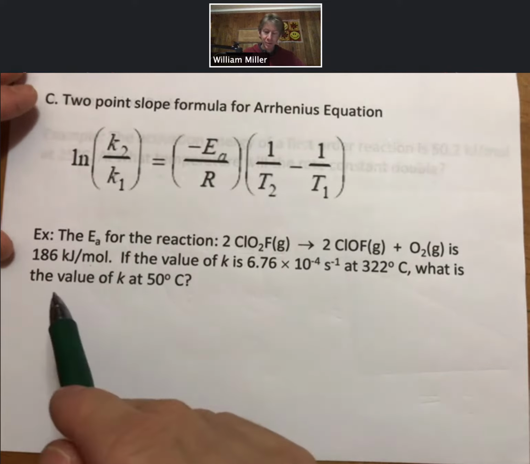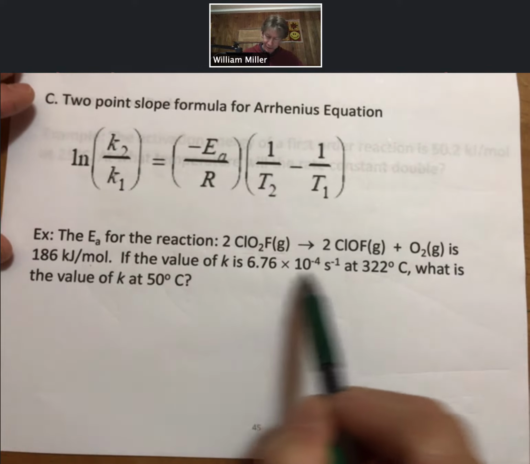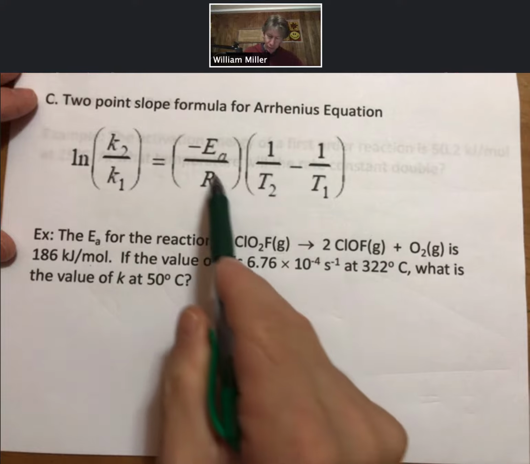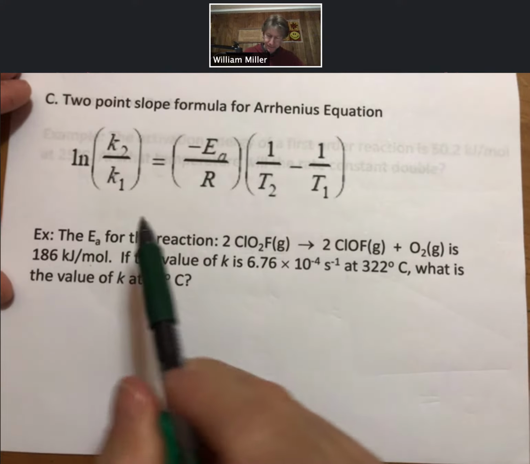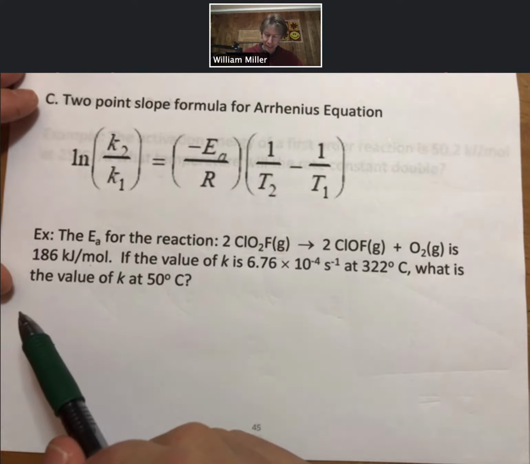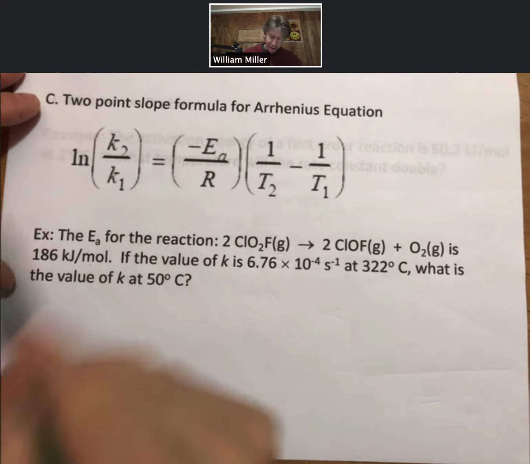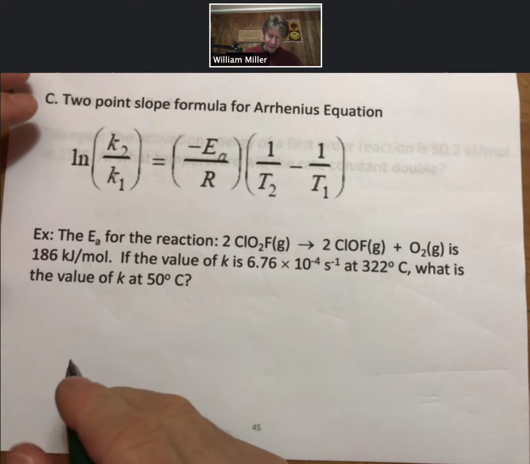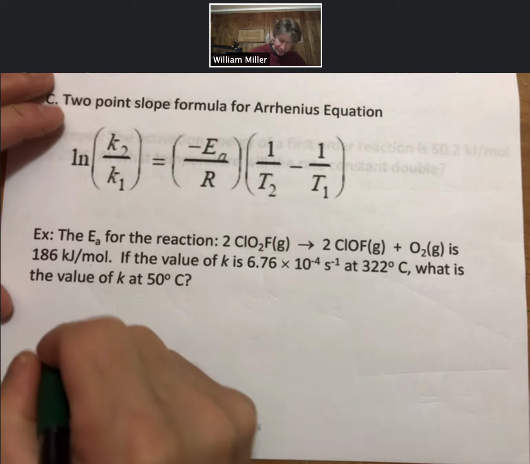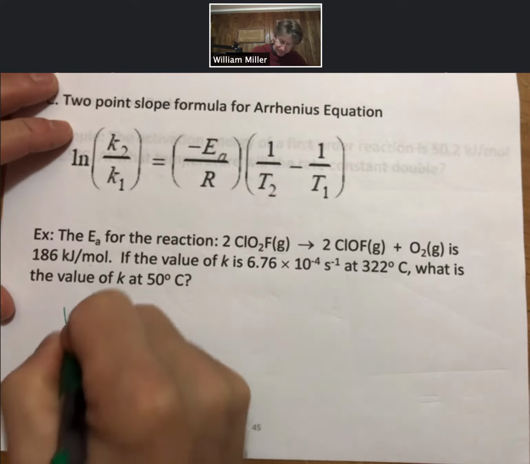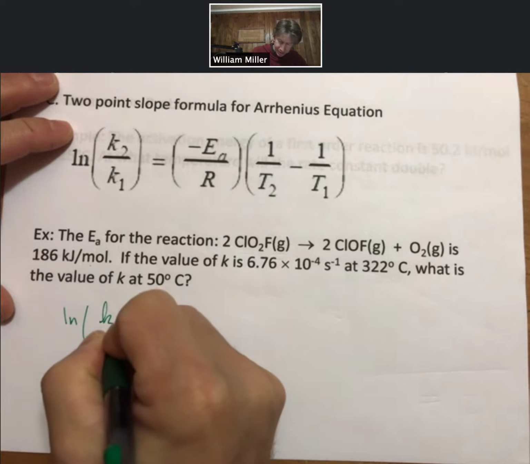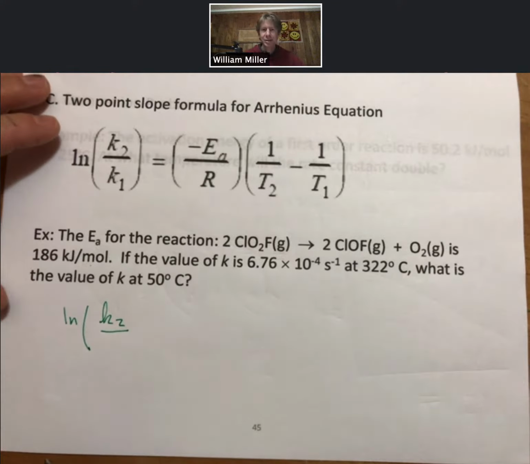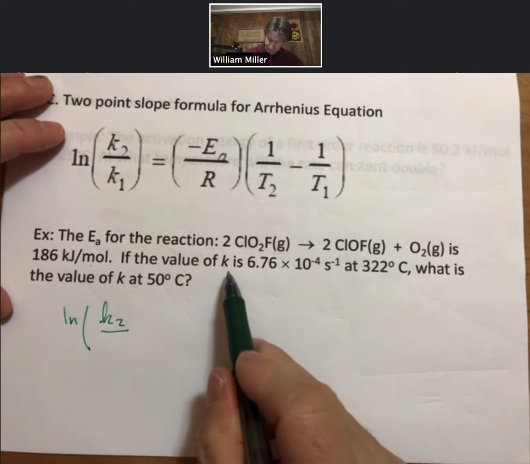And the two-point slope formula, so we have two different temperatures. We have one of our K values. The only thing we don't have is our other K value. Let's go ahead and plug things in here. So natural logarithm, we don't have K2, that's what we're going to be solving for.